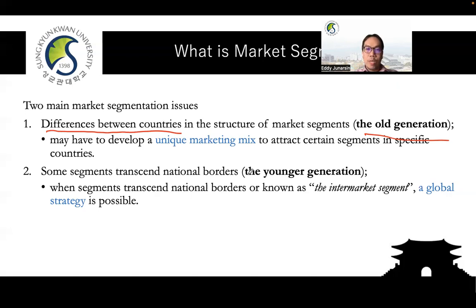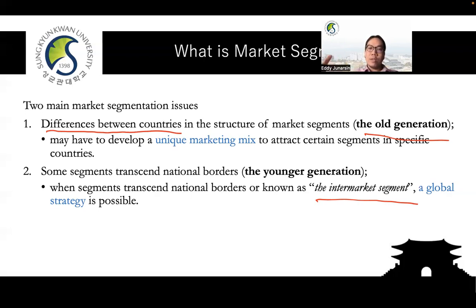So we might have this kind of intermarket segment. So we have, I don't know, the automobile industry, and if you want to create some segments that you could observe, you could imagine the types of cars based on the segments that you have.